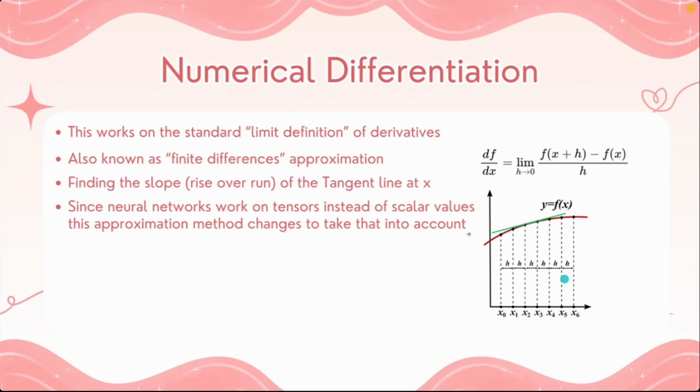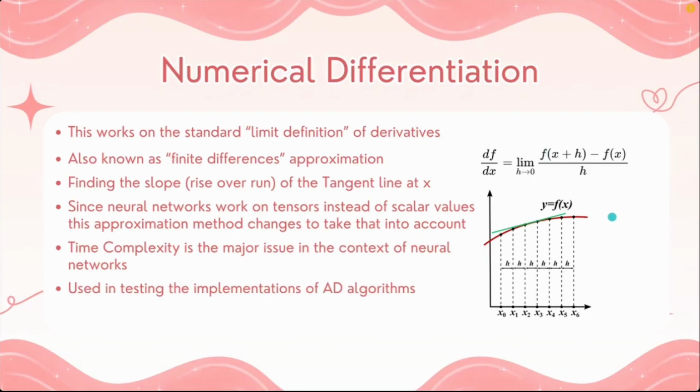Time complexity is one of the major concerns which stops numerical differentiation from being implemented in PyTorch or something. For each function, you have to compute the derivative with respect to each of the inputs, which basically goes to complexity of O(n). And if you have a billion parameters, that doesn't scale, right?